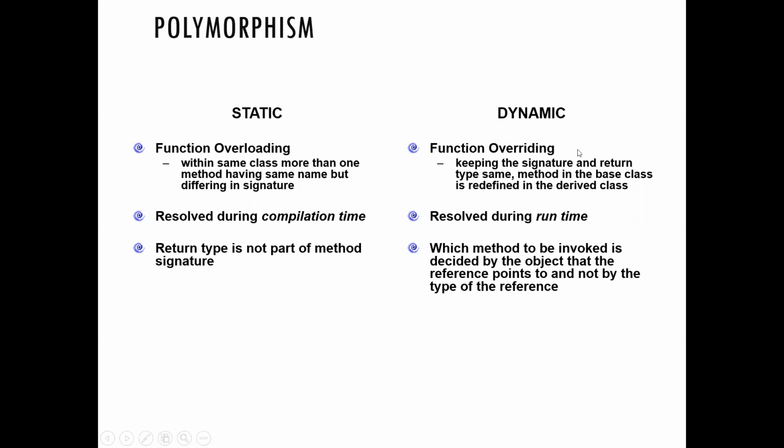Overriding is the dynamic one because at runtime it decides which one to call. Keep the signature and return type the same. The method in the base class is redefined in the derived class. It is resolved during runtime. So which method to be invoked is decided by the object that the reference points to and not by the type of the reference. At runtime, whichever object the reference refers to, that particular method is called. Okay. So these are the two types of polymorphism.